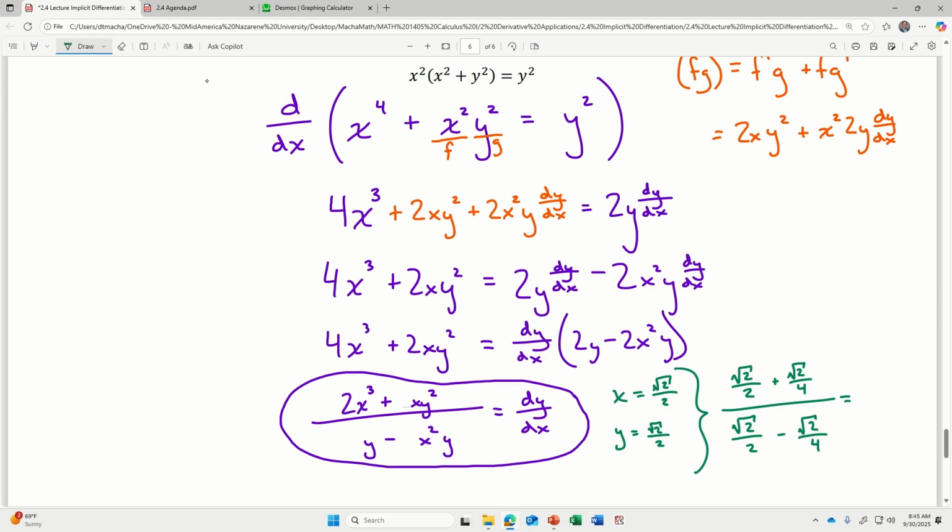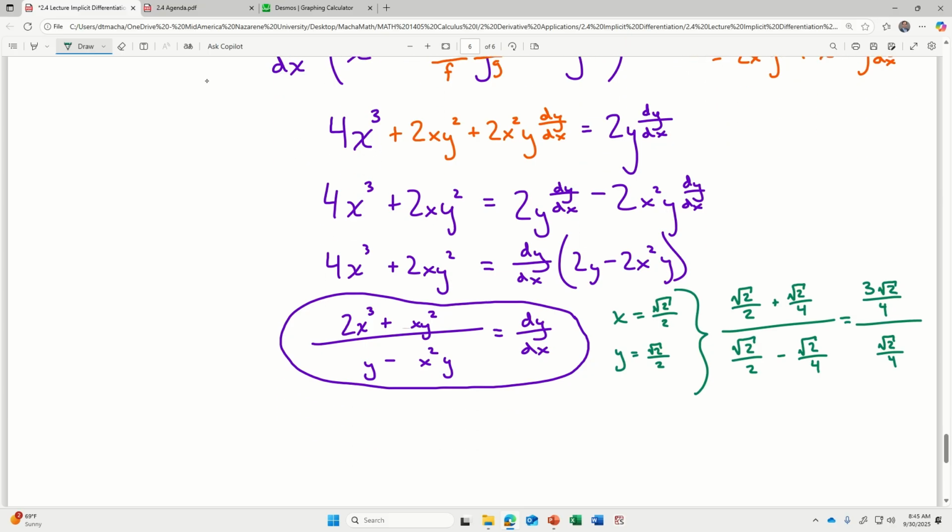And that means we're going to have 3 times square root 2 over 4 in the numerator, and in the denominator, 1 times square root 2 over 4. When we're done adding and subtracting, dividing is the same thing as multiplying by the reciprocal. So imagine multiplying by the reciprocal and the 4's cancel and the square root 2's cancel. And I think the slope is 3 there.